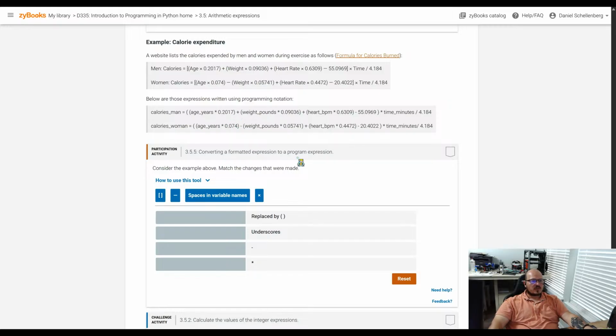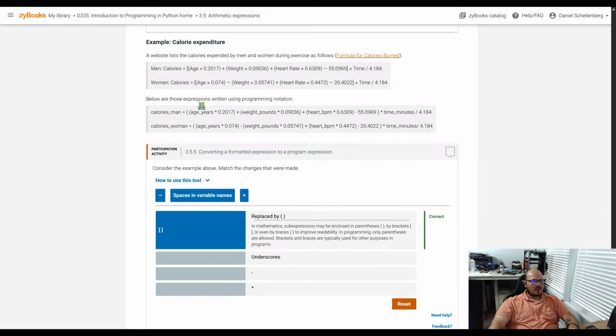Converting a formatted expression to a program expression. Consider the example above. Match the changes that were made. So the brackets were replaced by these here.